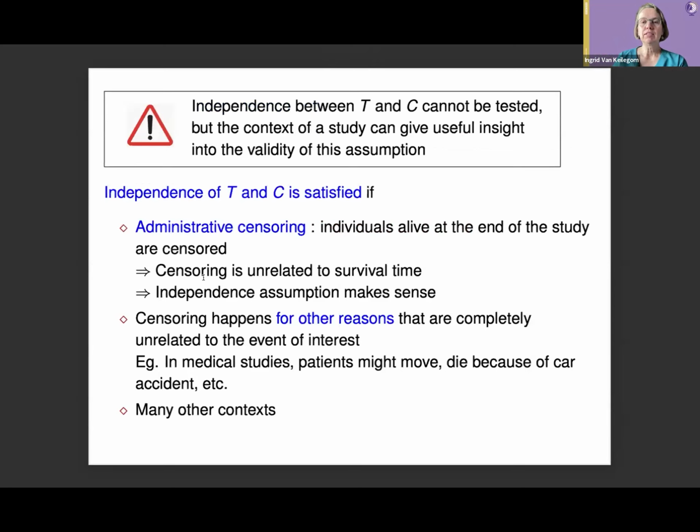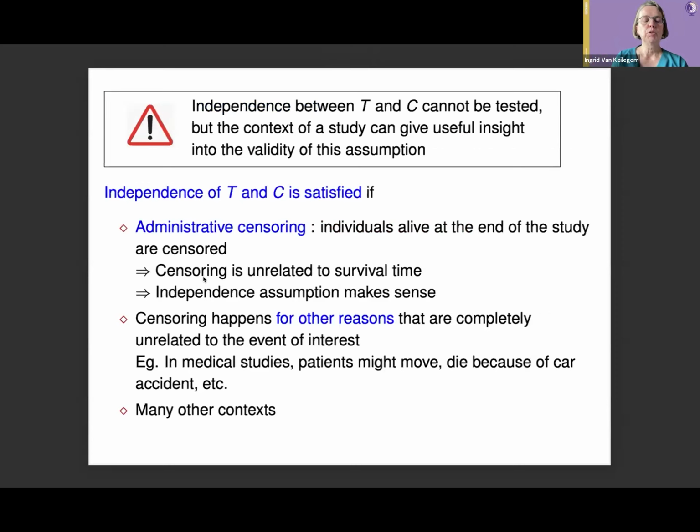Now, you cannot test that in a non-parametric way. Again, for the same reason, because you only observe a T or a C, and usually not both. And so you don't know what the relation is between these two. Yeah? But you can sometimes tell from the context whether an independence assumption makes sense or not.